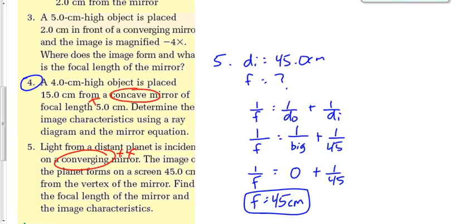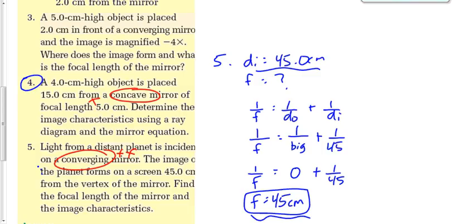Where are they going to converge? At the focal point. Just like the rays of light reflecting off of the condos across the street, or the flagpole on the other side of the football field, those parallel rays converged at the focal point. These rays are parallel and they're converging at the focal point. So if they converged at 45 centimeters, then the focal point is 45 centimeters.